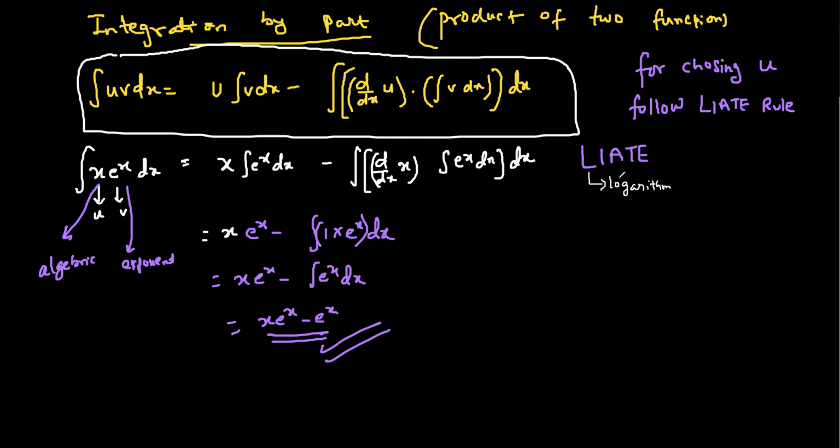If log x and x are there, then always consider u as log x. I stands for inverse function. This is a logarithm function. Logarithm function is log x, log 2x, log anything, log f(x), right? Inverse function: sine inverse, cos inverse, tan inverse, like this.